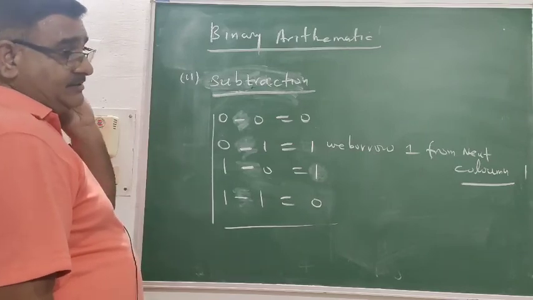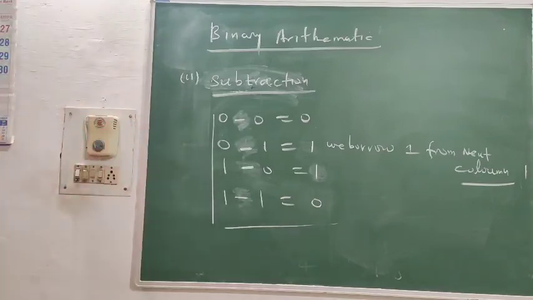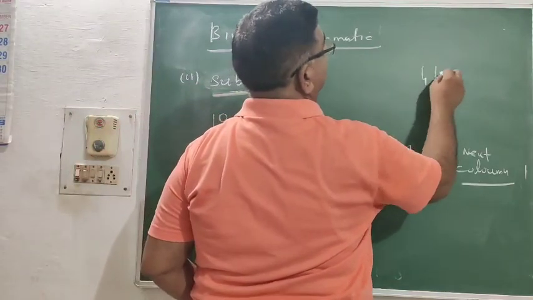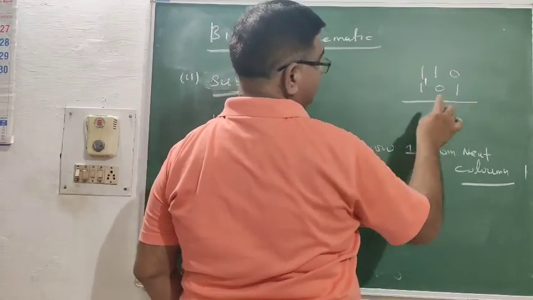How do you subtract? You see some example. Suppose you want to subtract 110 and 101. My dear children, 0 minus 1.